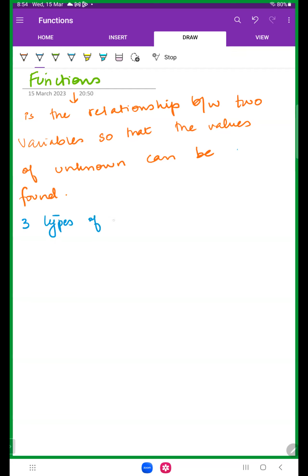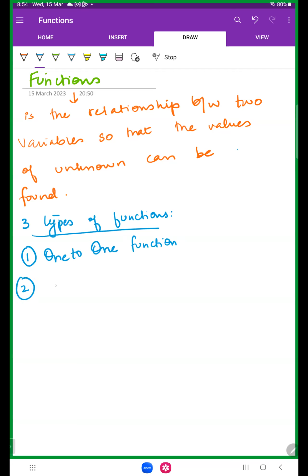The three types of functions. Number one is one-to-one function. Number two is many-to-one function. And number three is one-to-many function.